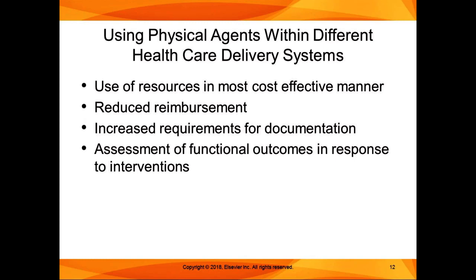There's a real focus on assessment of functional outcomes in response to interventions. So an example I'll give you of someone that I just saw yesterday in the clinic, depending on when you listen to this lecture. I measured his ankle dorsiflexion with the knee bent and with the knee straight.